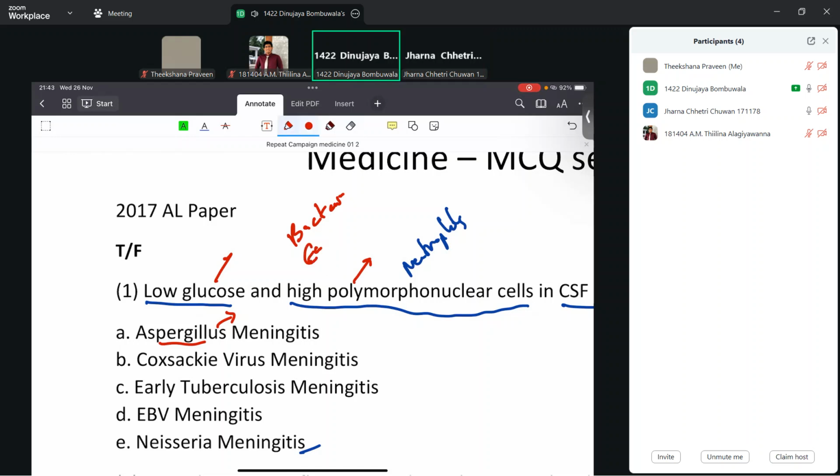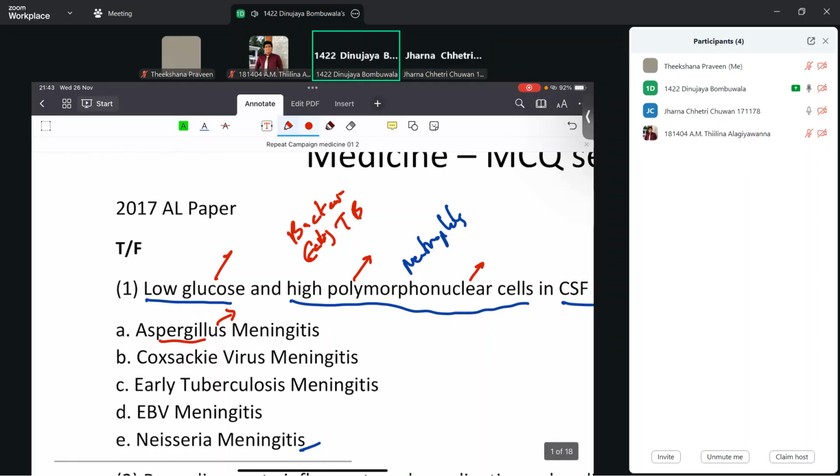Usually in TB lymphocytes are the ones that increase, but in early TB, as we talked about before, the neutrophils will be elevated. This picture is suggestive of early TB or bacterial infection. Aspergillus is fungal, more or less like a virus picture, so this is false.